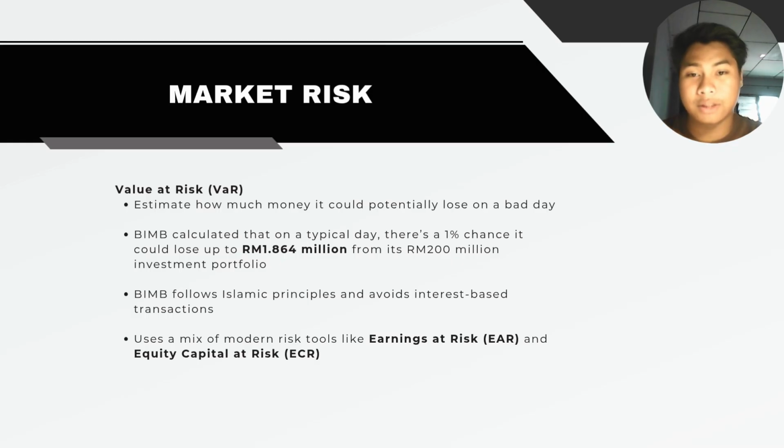For the calculation, BIMB calculates that on a typical day there is a 1% chance it could lose up to 1.864 million from its 200 million investment portfolio. This kind of estimate helps the bank prepare for rough days and ensure it has enough capital to stay safe.